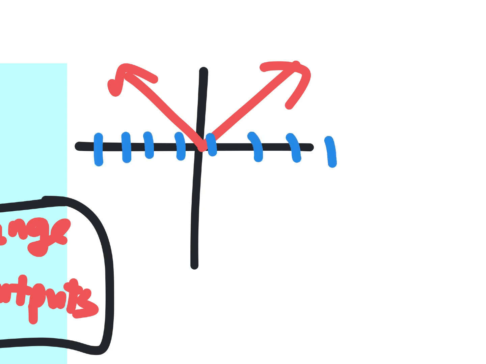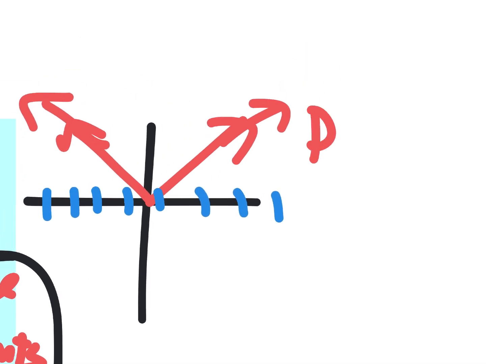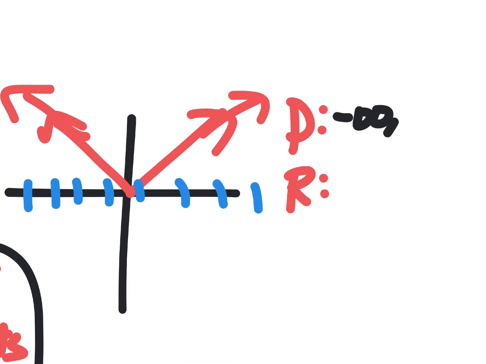Do you get that this thing goes forever in both x directions? It like keeps going. Goes way to the left and way to the right. So the domain of this V shape, you just put a D. Everybody make a D and then an R, which stands for domain and range. The domain of this thing is negative infinity to positive infinity.